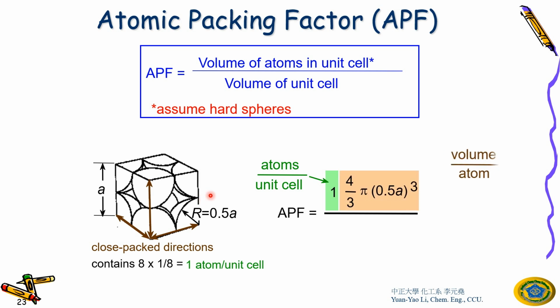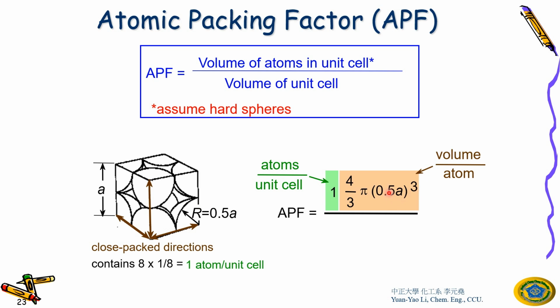Okay, so this is 4 thirds times pi, and you have the radius to the power of 3, right?